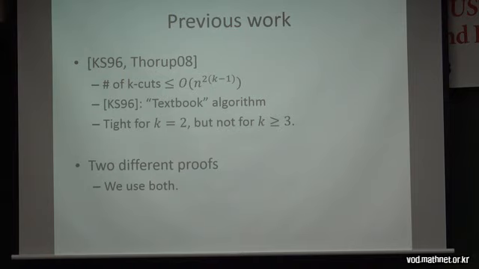And then Thorup in 2008 gave a deterministic algorithm with the same running time. Karger-Stein is very simple. I'm going to show you the full proof. It's called a textbook algorithm in the computer science literature. Again, as I said, this bound is tight when k is 2, but it's not tight when k is 3.